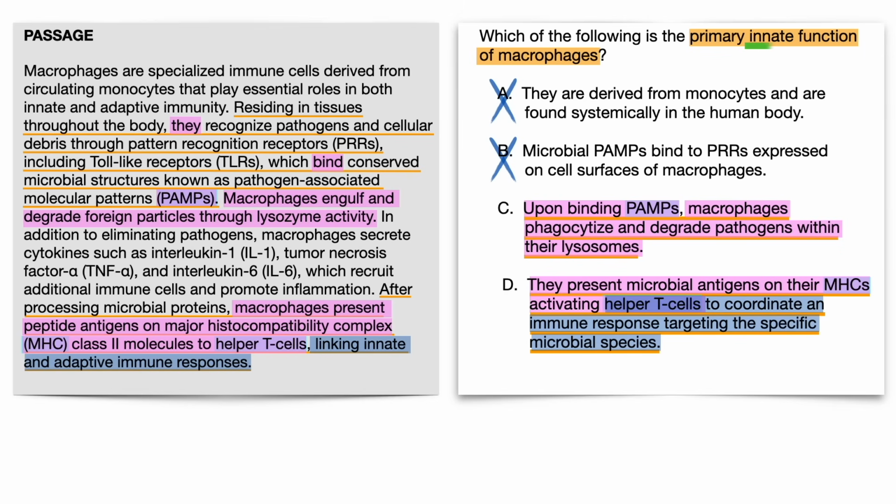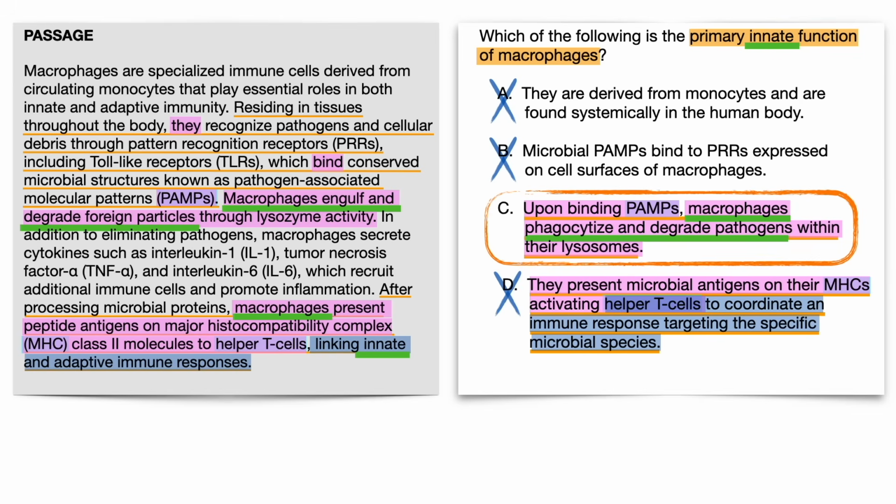But revisit the question for a moment to remember that it is specifically asking for an innate function of macrophages. And fundamentally, innate means built-in function of macrophages, which is engulfing and degrading foreign particles, as stated in answer choice C, based on the previous passage information, making D off point and C the correct answer.